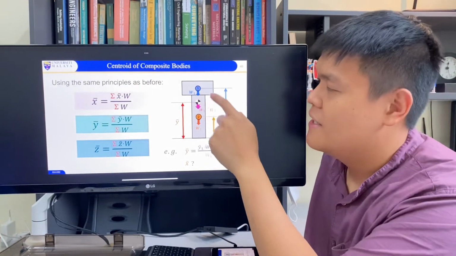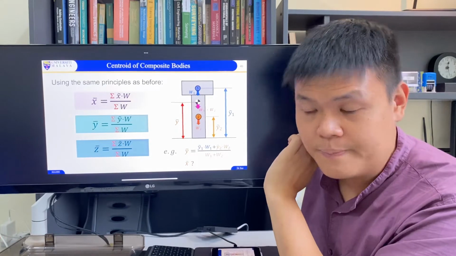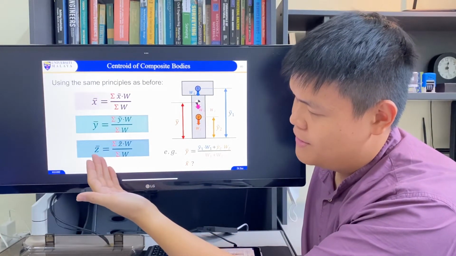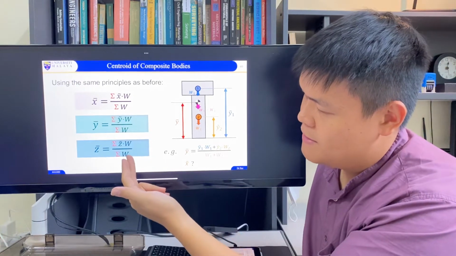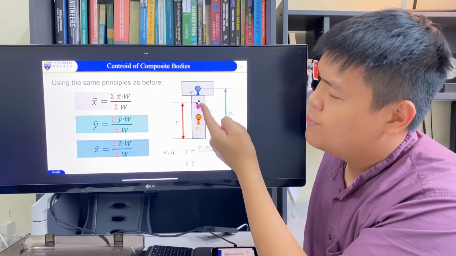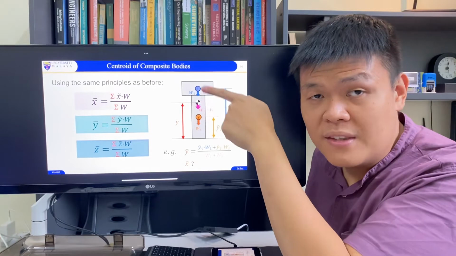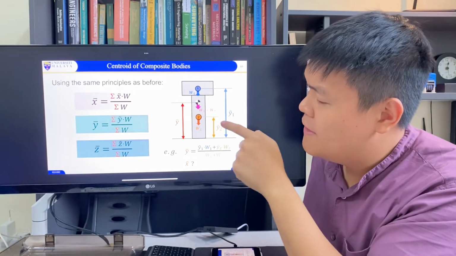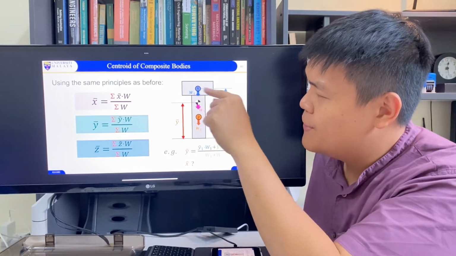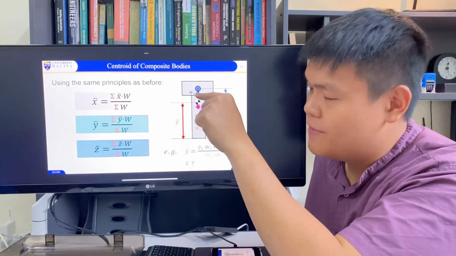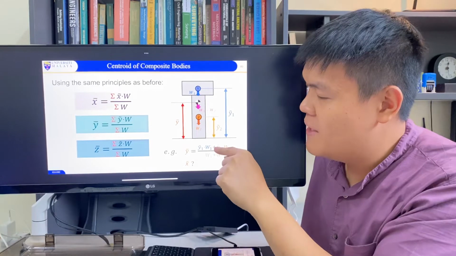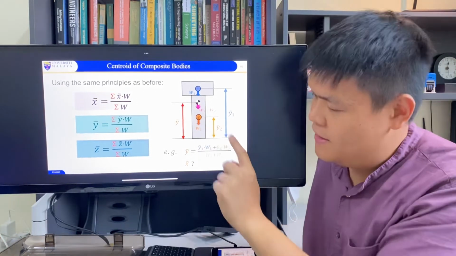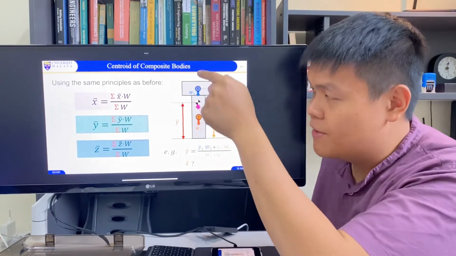Imagine we have a T section here. We apply the same principles as before, this time using weight. To find the centroid of this T section, it is just the y curvy bar for number 1 times its weight, plus y curvy bar number 2 times its weight, divided by the total weight of both.